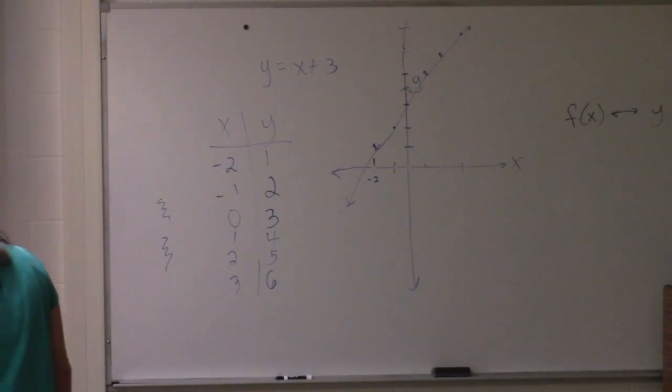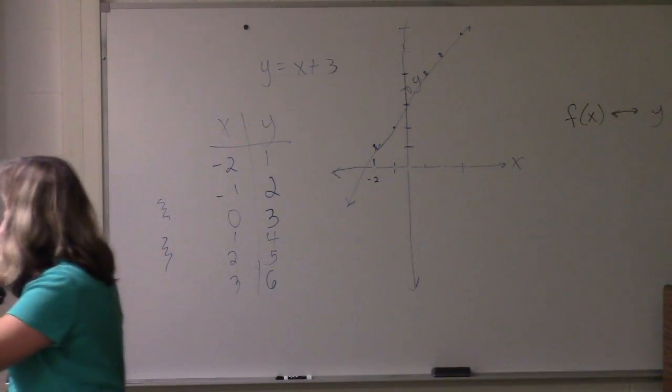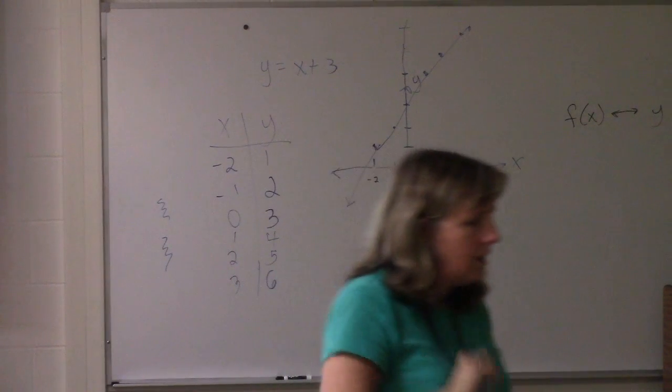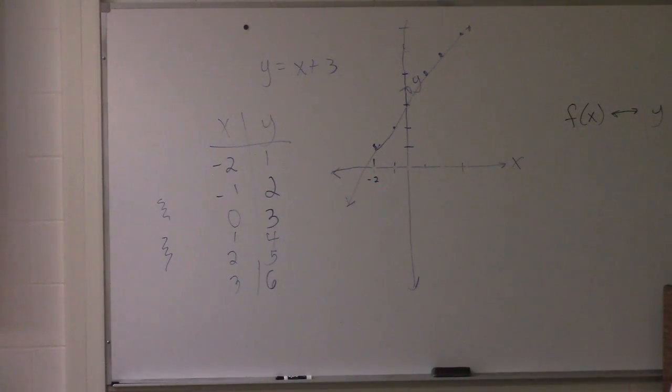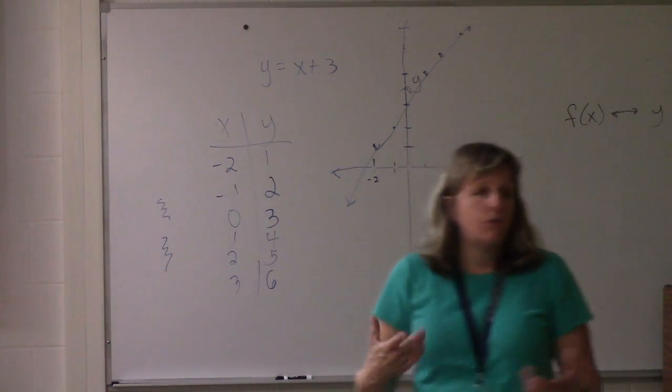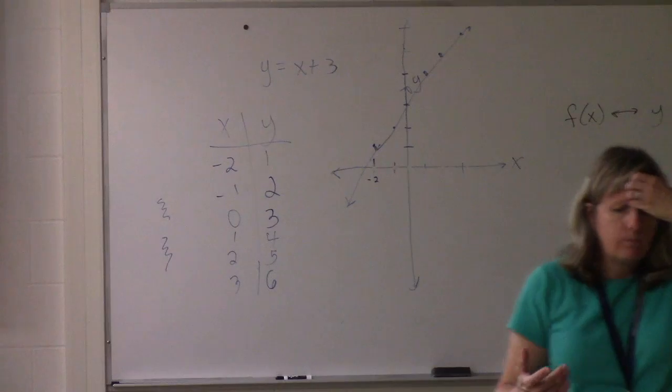The highest or lowest point on the graph is called the vertex. So on your sheet that I just handed out, there's that word vertex in that little square in the top right. You're going to write down what the vertex is: the highest or lowest point on the graph.